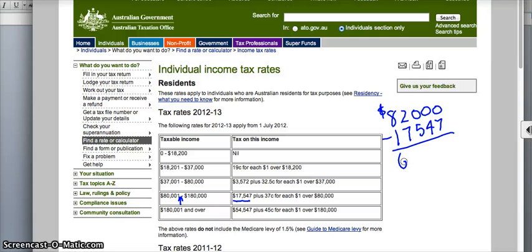That means at the moment you're only taking home $64,453. Plus you lose 37 cents for every dollar that you earn over 80,000. Beth, how many dollars are over 80,000 in this wage?